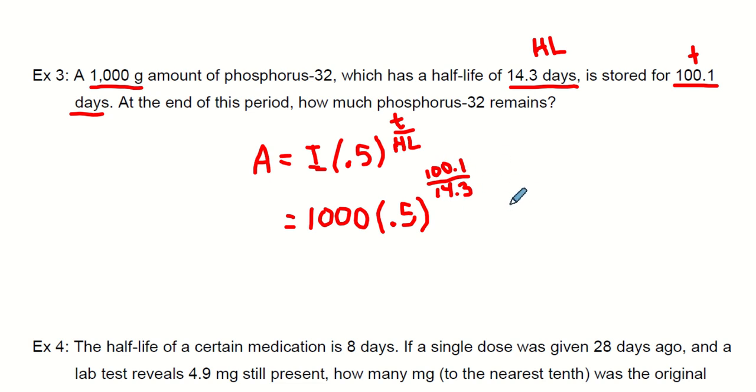And then just plug that into your calculator. So it's really just plugging it into the calculator, and I don't have the exact answer here. Actually, let me do this real quick. All right.